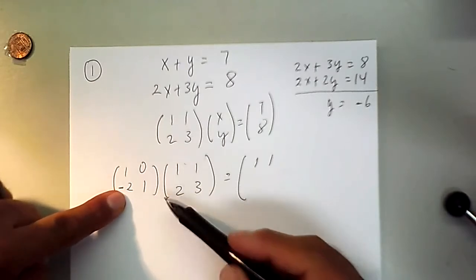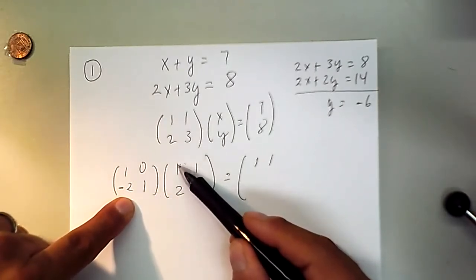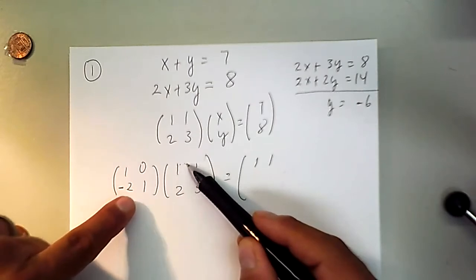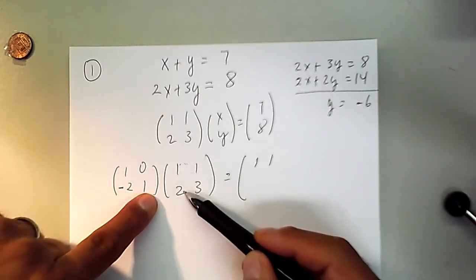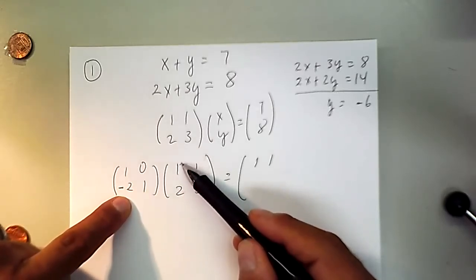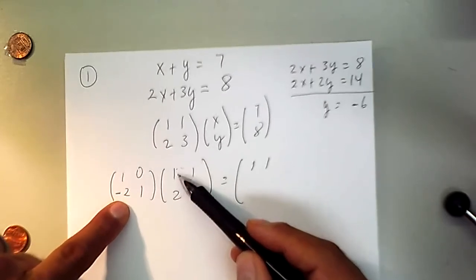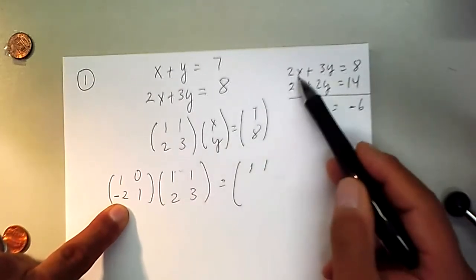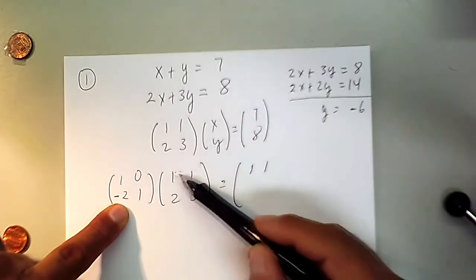Now, let's understand what this does. This one takes the first row, multiplies it by -2, and then adds it to the second row. Because of the -2, it is the same thing as subtracting twice the first row.